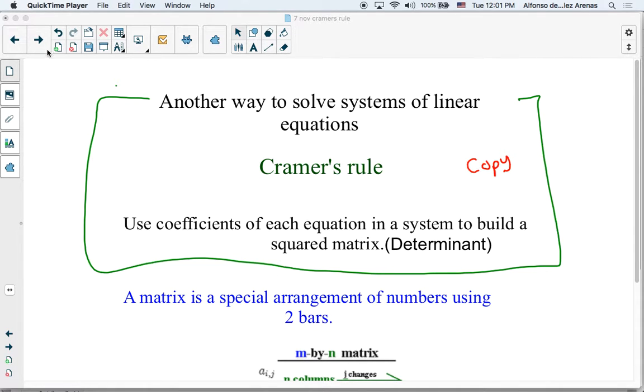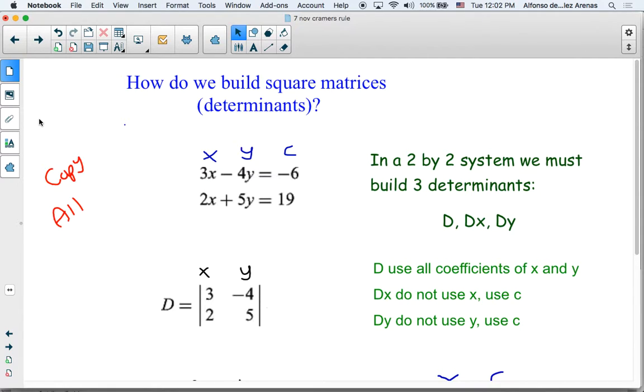So after you copy this, we go to this one where you learn how to build the determinant. So this is a system, 2 by 2. 2 equations, 2 variables, x's and y's. Okay? In this Cramer rule, you have to start by building D. In D, you are going to have the column of the x and the column of the y.